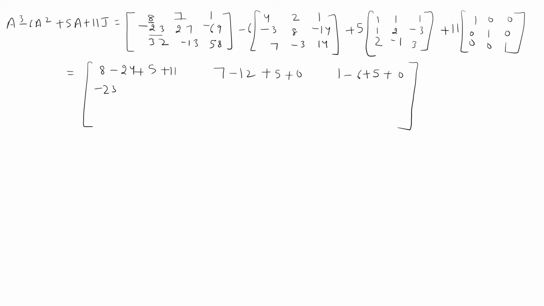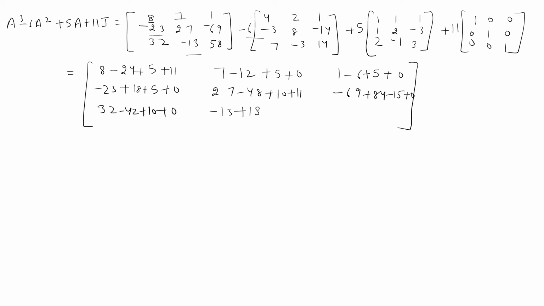Then plus 18 plus 5 plus 0, 27 minus 48 plus 10 plus 11, minus 69 plus 84 minus 15 plus 0, 32 minus 42 plus 10 plus 0, minus 13 plus 18 minus 5 plus 0, and 58 minus 84 plus 15 plus 11.